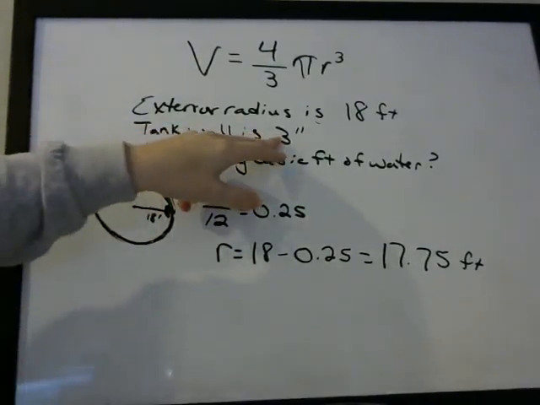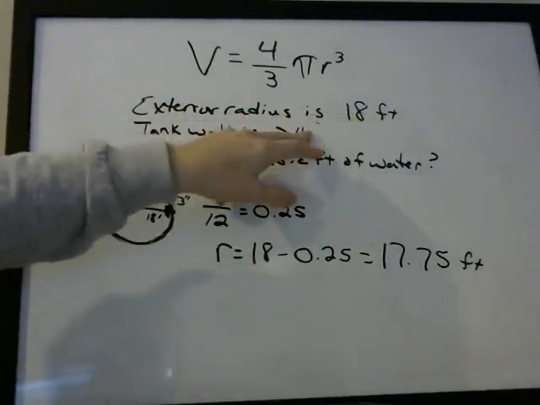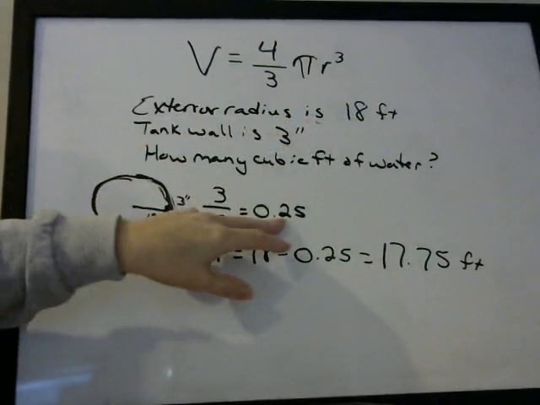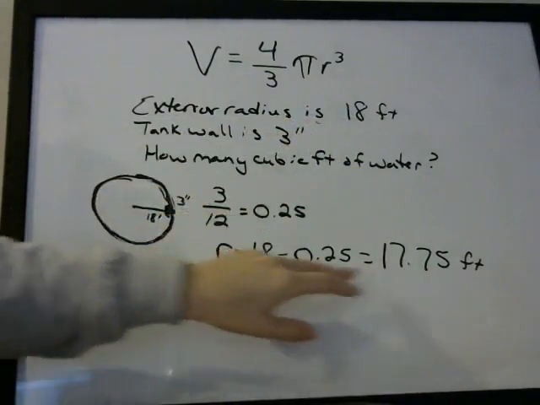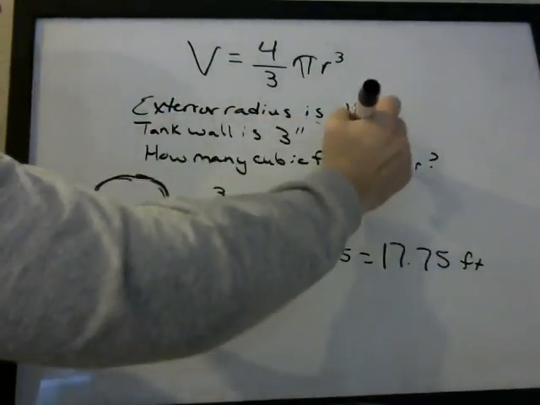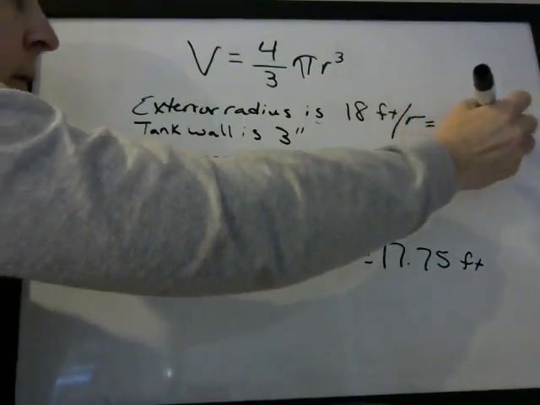So 3 inches, we had to change that to feet because we can't mix units here. 3 divided by 12 is 0.25. That's how many feet 3 inches is. We subtract it off, and this is our radius. So let's just write that over here. Radius equals 17.75.